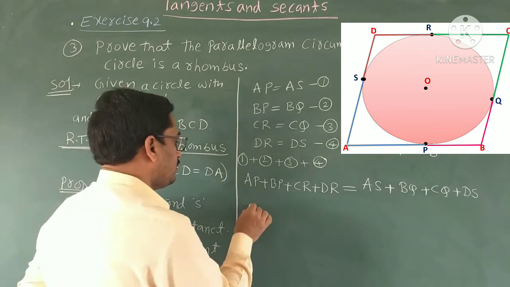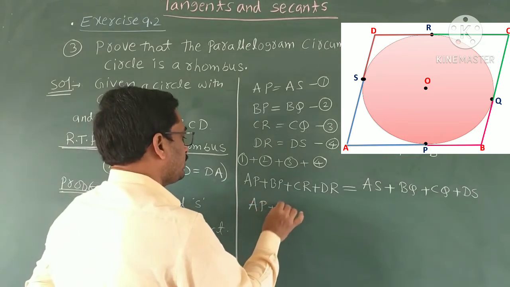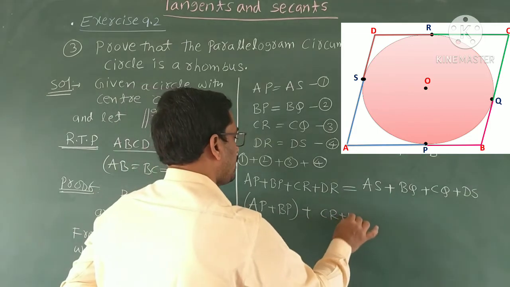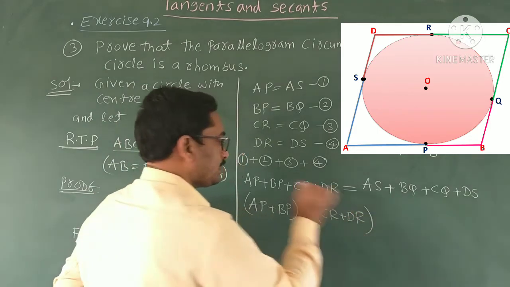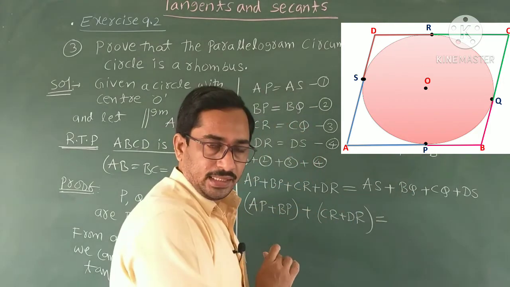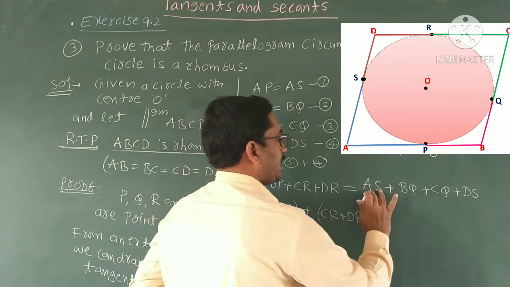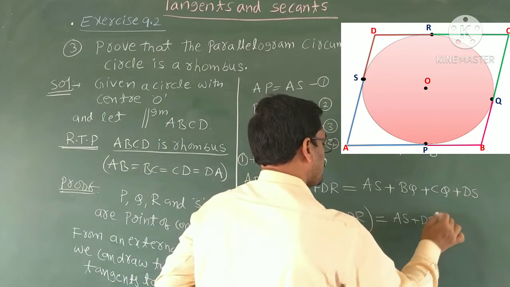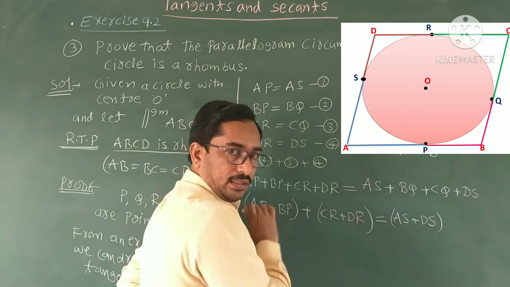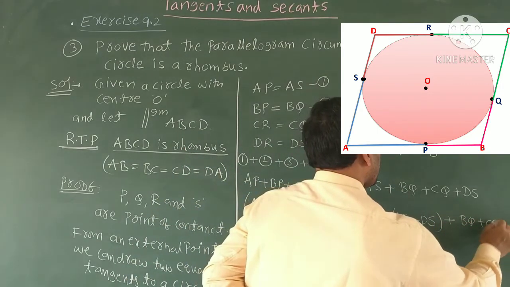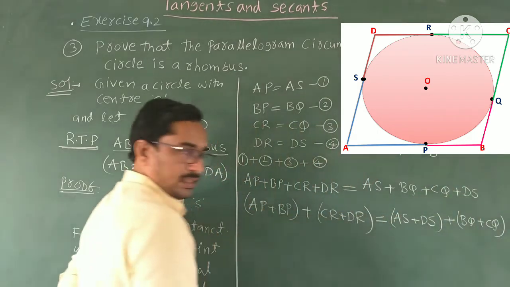Write the pairs AP plus BP and CR plus DR equal to, rearranging the terms on the right side, AS plus DS, first term and last term. Next BQ plus CQ as it is, no change.